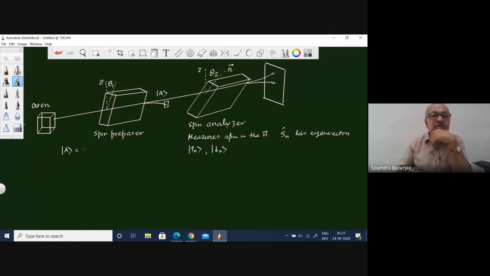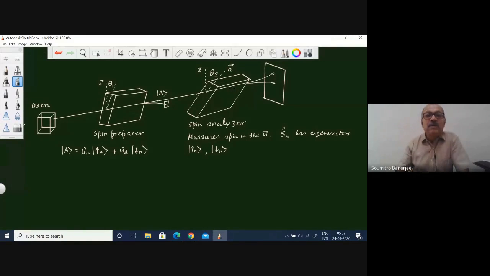Let us call them A up is a coefficient, up n plus A down, down n. Okay. So we have expressed this vector as it comes out, its state, as a linear combination of the two eigenvectors related to this observer.